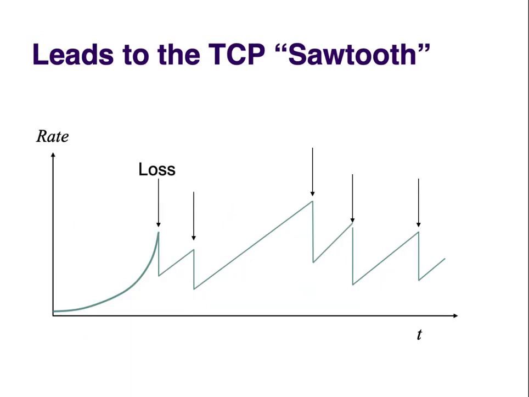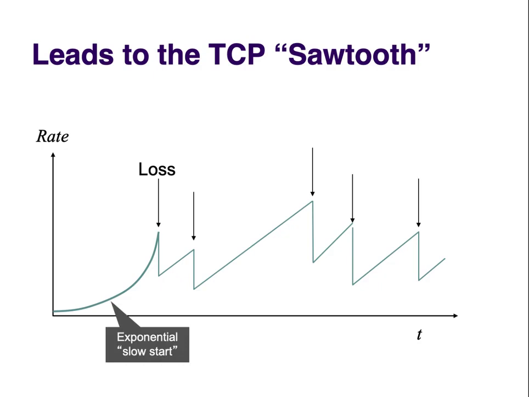Okay. And so if you play that out, one of the things you'll hear when people talk about TCP and the throughput you expect to see is that a fun way is to actually run an experiment: open a TCP connection and look at the throughput you're getting. People will say TCP has a sawtooth behavior. What that means is that if you look at the rate or throughput you're getting from your TCP connection over time, you'll get a graph that looks like this, where the initial phase is the exponential slow start.